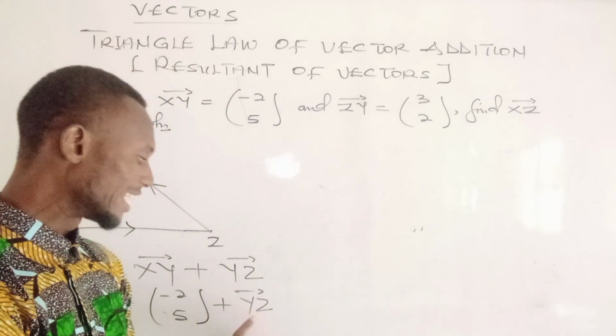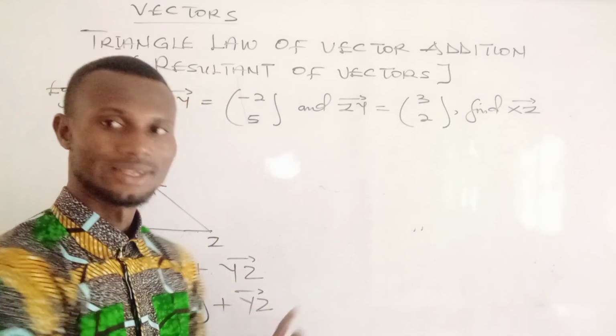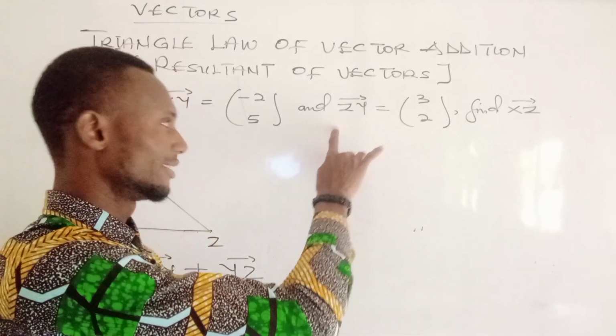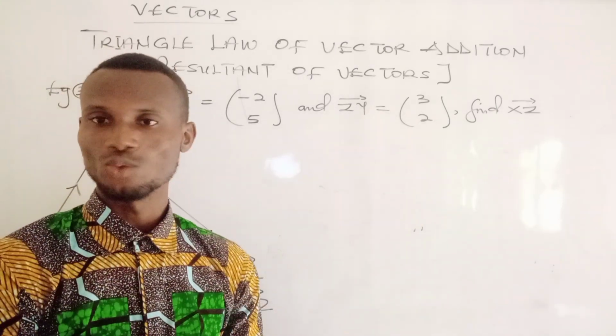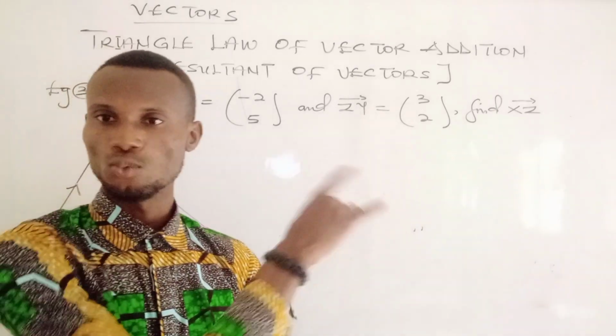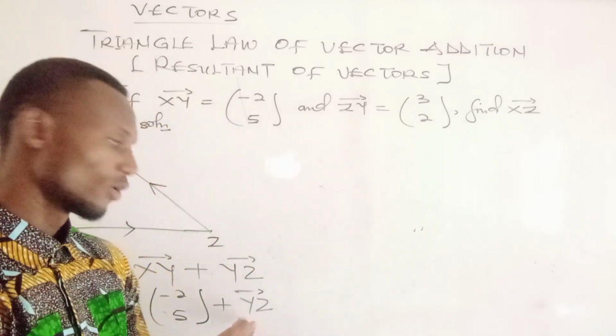From what we have here, we need yz, and the question gave us zy. How do we get yz? We negate zy, and that will give us the yz.